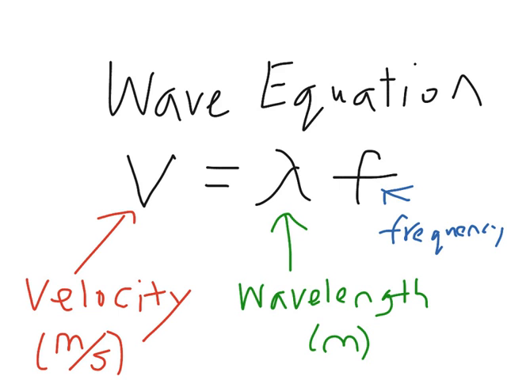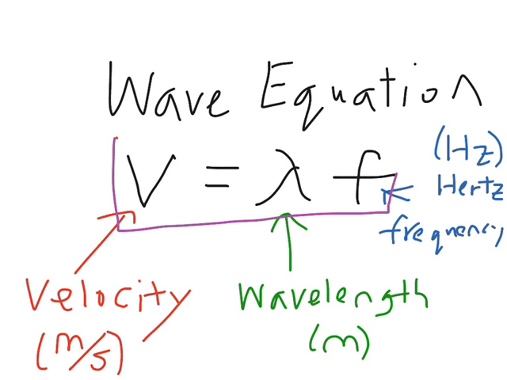And finally, the unit for frequency is a hertz, which we simplify as Hz. So once again, our formula is V, velocity, equals wavelength times frequency. When wavelength goes up, frequency goes down. When wavelength goes down, frequency goes up.